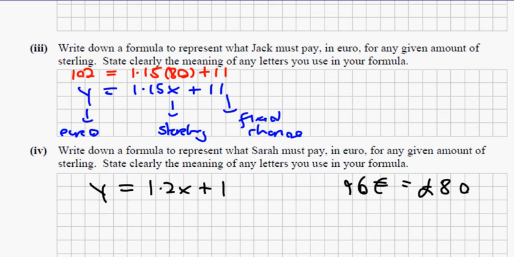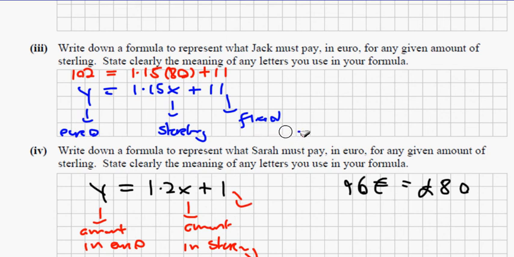So we can try this out on the calculator, where y is the amount in euro, x is the amount in sterling, and 1 is not so much the fixed charge but the fixed amount you get.